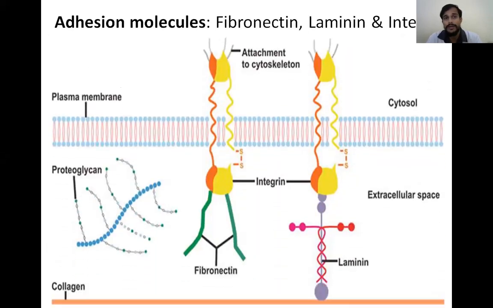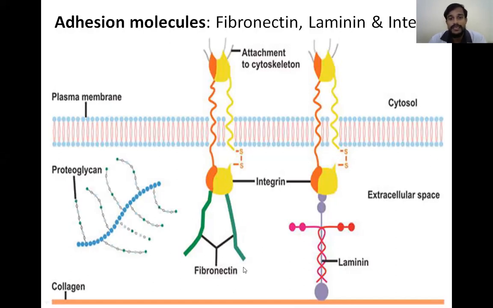And the third component, adhesion molecules, which includes fibronectin, laminin, and integrin. The main function of the adhesion molecules is connecting the cell surface to the important components of the ECM, that is proteoglycans and structural proteins, collagen and elastin. So these are connected by the fibronectin, laminin, and integrin. Then only they can give support to the cell.